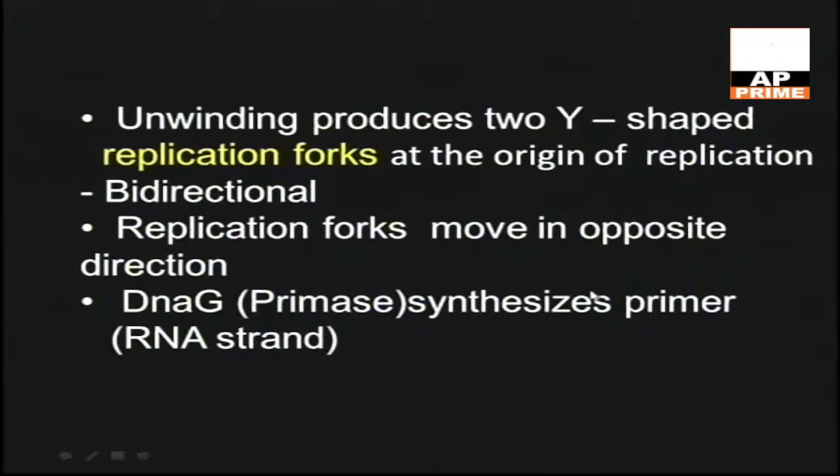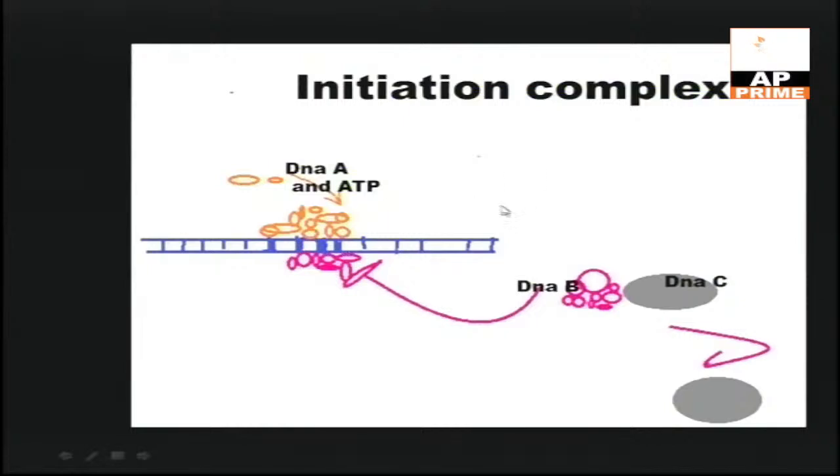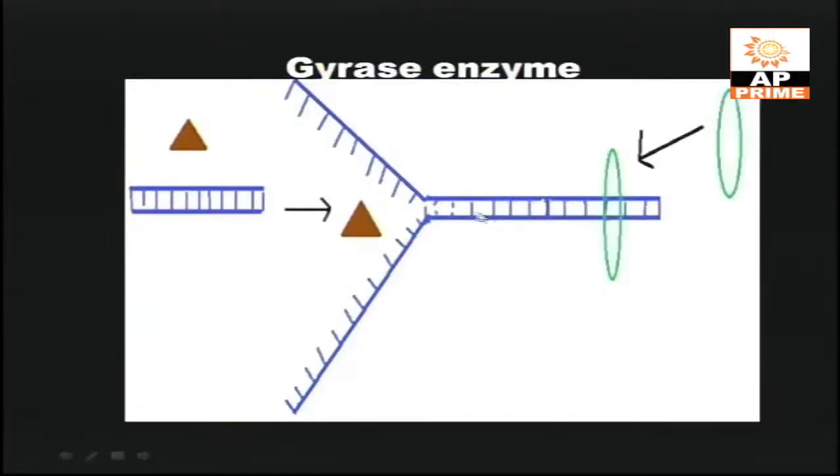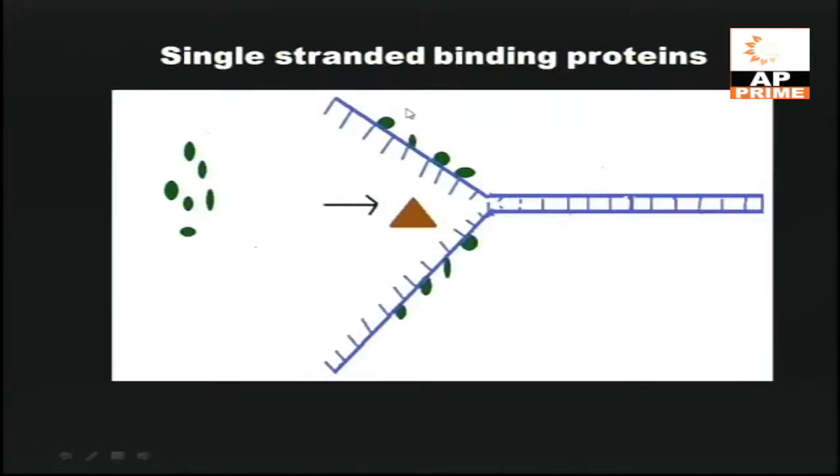Primer is a RNA strand. This is the diagrammatic representation showing the formation of initiation complex by DnaA and DnaB proteins, and this is unwinding of DNA double helix by helicase enzyme. Gyrase enzyme removes the tension stress that is created during unwinding process.